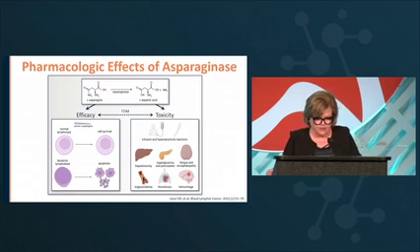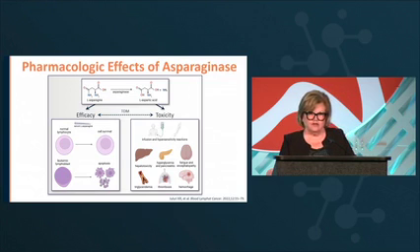And so here we know that one of the first things is the hypersensitivity reactions, the issues with hepatic, pancreatic, the hyperglycemia, the fatigue, the encephalopathy. We have increases in our triglycerides. We know that it can result in thrombosis and also in cerebral hemorrhage.